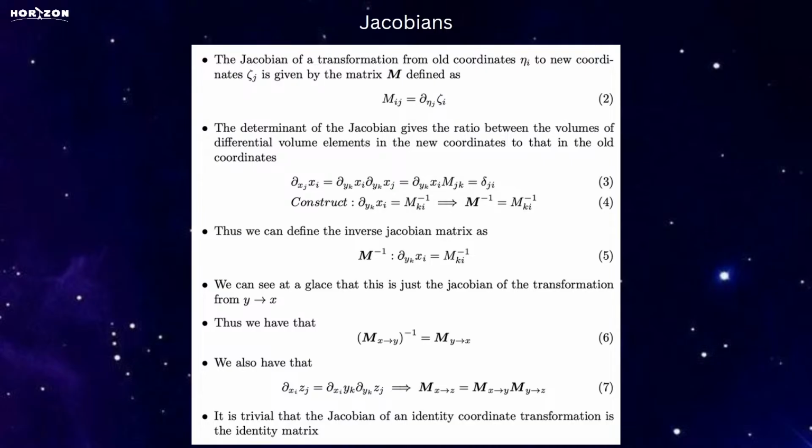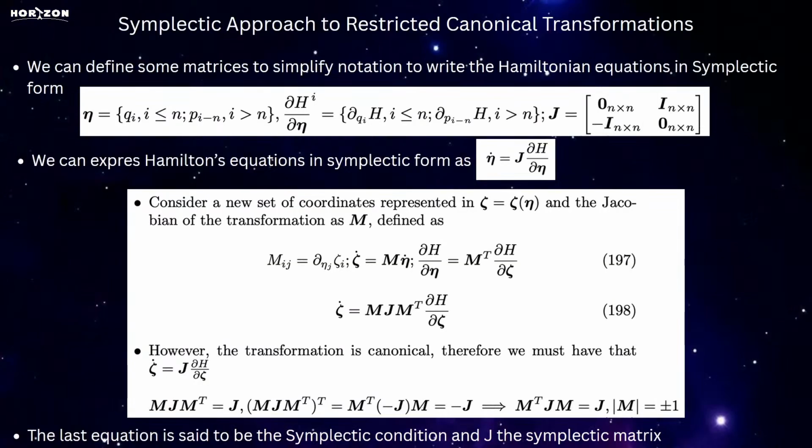The inverse Jacobian matrix maps, let's say, a coordinate y to x, where the Jacobian matrix defines a mapping of a coordinate from x to y. Also, the Jacobian of an identity coordinate transformation is just an identity matrix, as the identity transformation is itself a trivial case of a transformation.